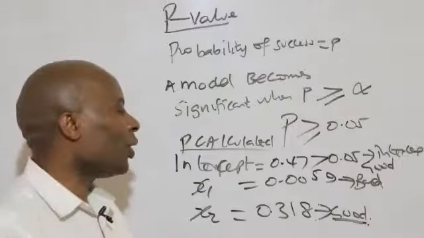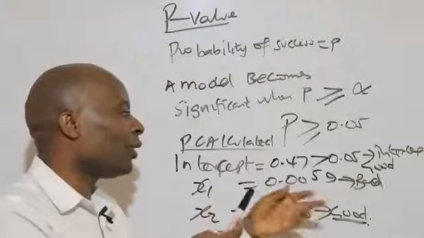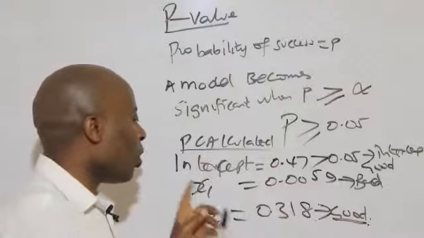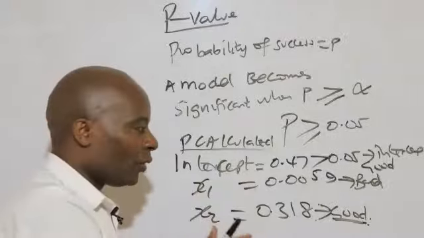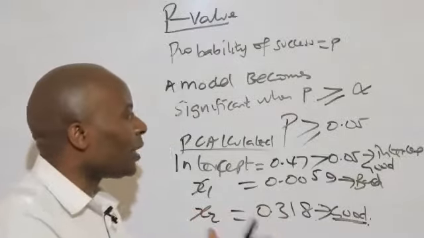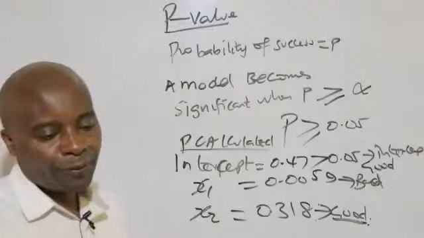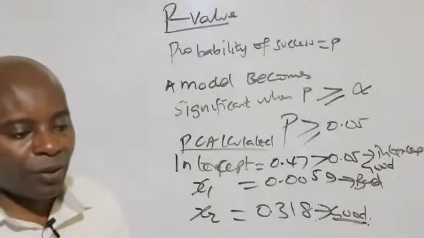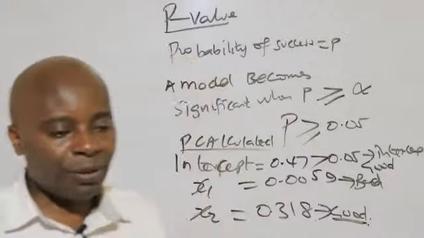So in terms of the whole model, we have, of course, two of them being good. Nevertheless, one of the variables is poor. That's the combination I give. One of the variables is insignificant. The model has a variable that is insignificant on the basis of the p-value.